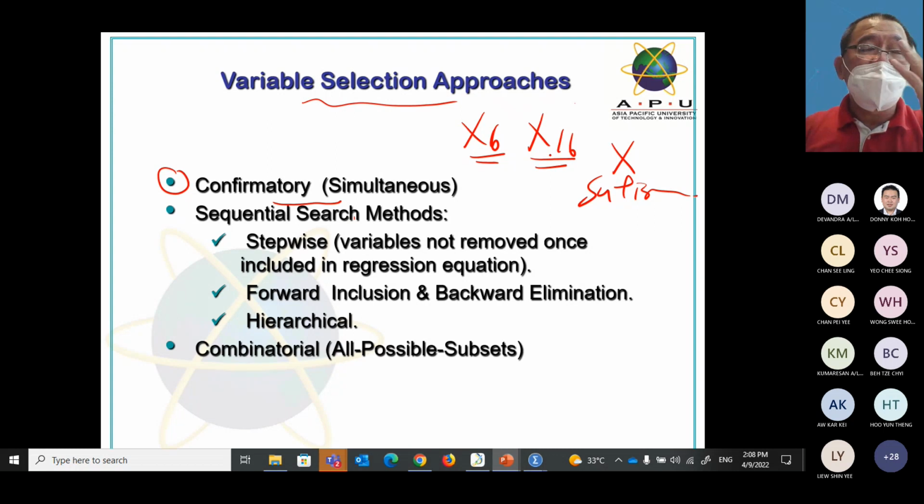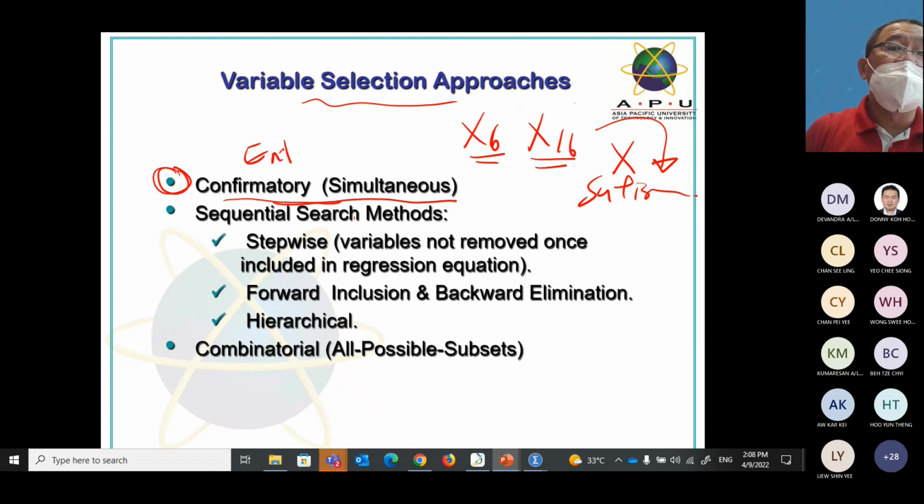Therefore, we say that these two are affecting the dependent variable. Therefore, we call this confirmatory. We are done with this; you just use the basic one, the enter method.